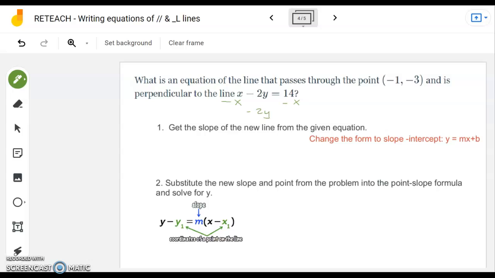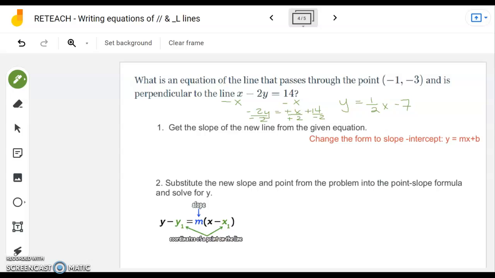I'm going to get -2y equals -x plus 14. And then I'm going to divide by -2. Everybody gets divided by -2. So my new equation is going to be y equals, I have a double negative with x and over 2, so that's actually going to be 1/2 x. And 14 divided by -2 is -7.